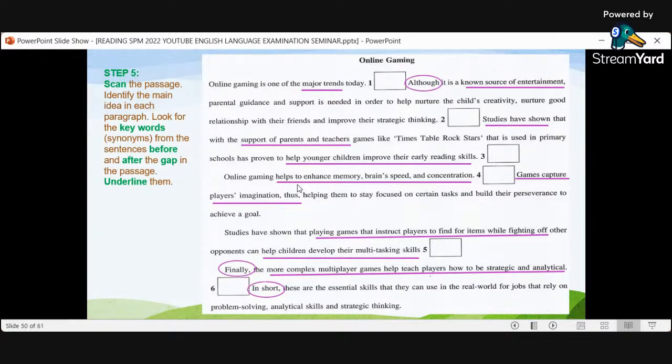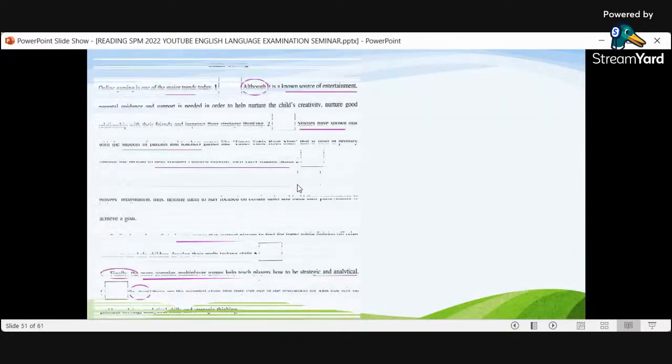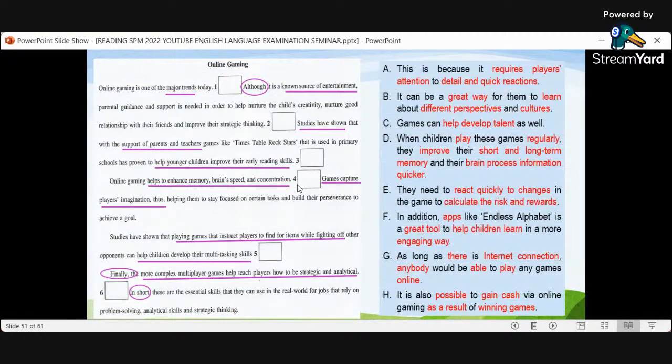Okay, I see I have also circled the connectors, although, finally, and in short. Okay, right. So you have online gaming is one of the major trends today. This is because, the red one is what I've underlined just now earlier when I show you, and these are things I need to do.